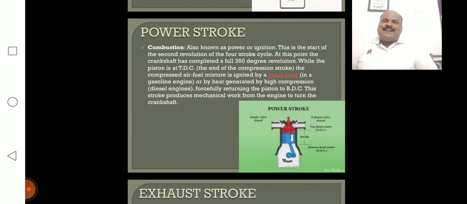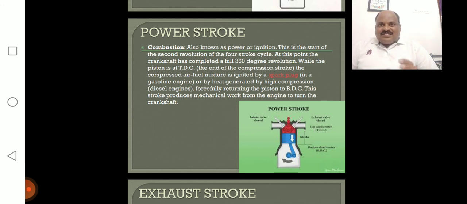The piston comes to the TDC. At that point, what did they write here? While the piston is at TDC, at the end of the compression stroke, the compressed air and fuel mixture is ignited by the spark plug.